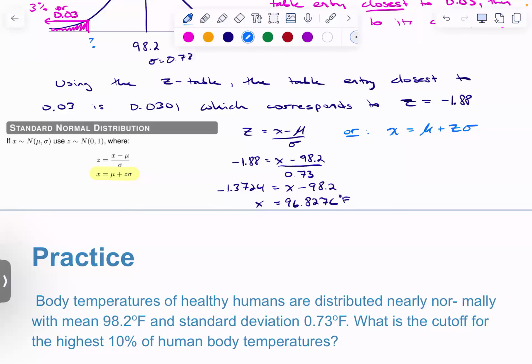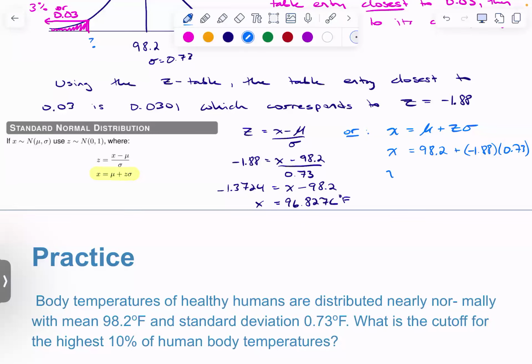Or if you prefer the worked out formula, right, then X is going to be mu, which was 98.2, plus a Z of negative 1.88 times 0.73, which is your sigma. Making sure that you multiply those two values first before you subtract it from 98.2. So you get negative 1.88 times 0.73.